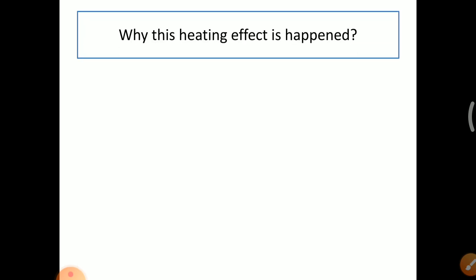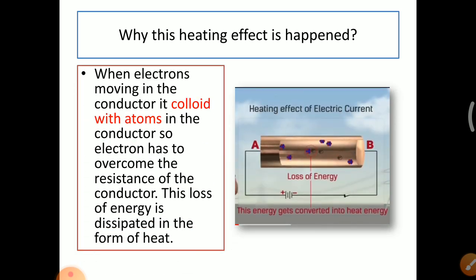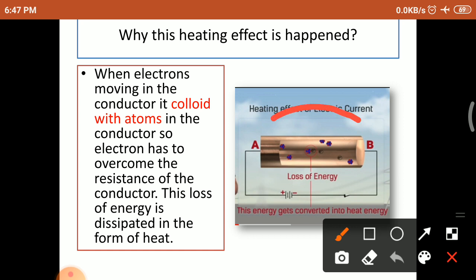Why does this heating effect happen? When we are passing the current in a high resistance wire, it becomes hot. One reason: if you take a conductor, connected to a battery and switch, you know that the conductor contains many electrons.